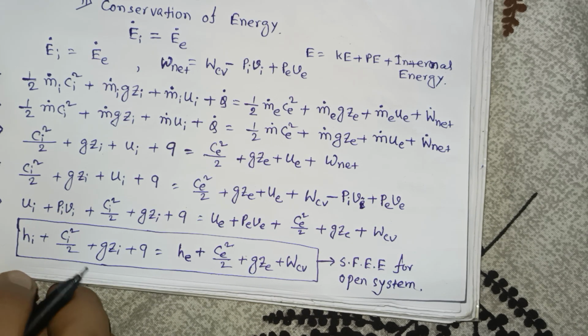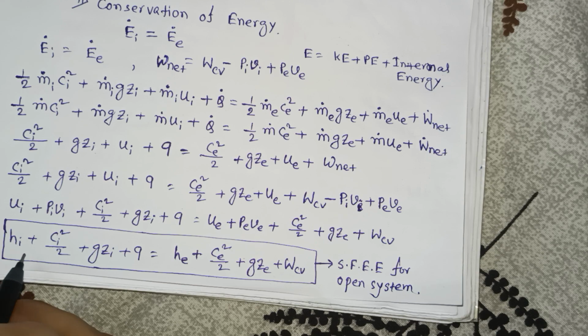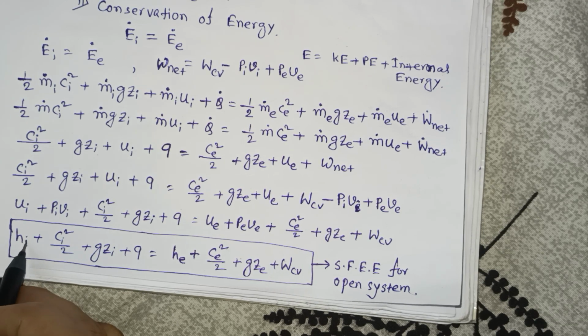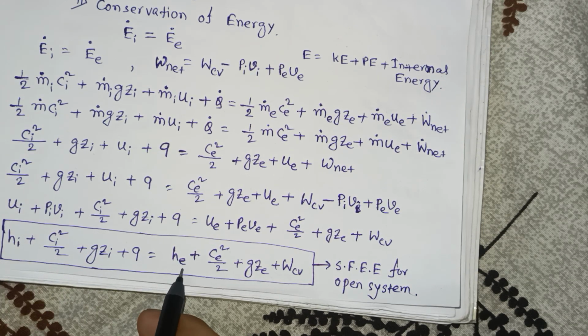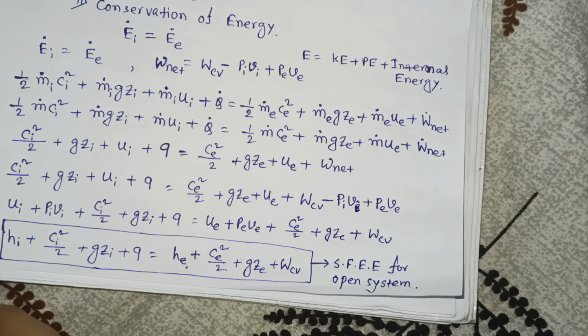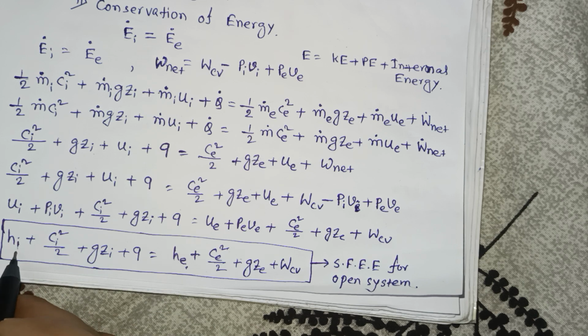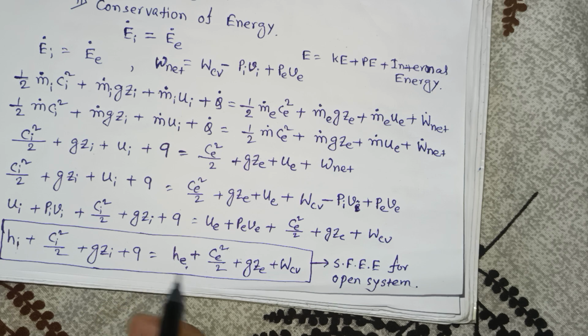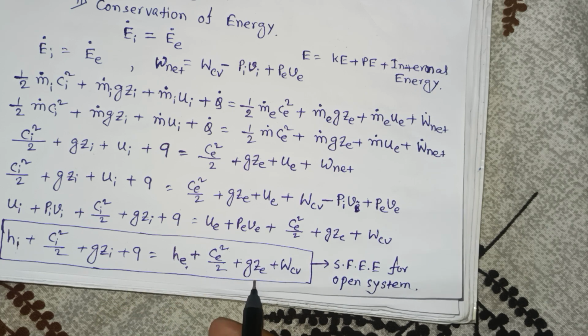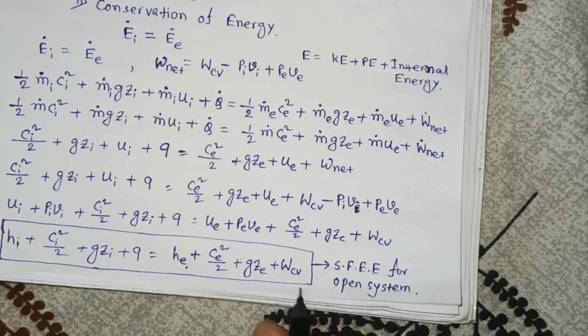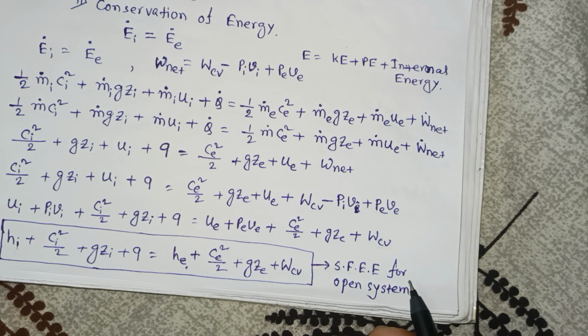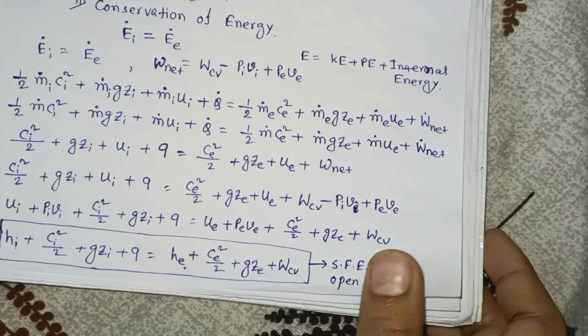Here I is the inlet and E is the exit. Suppose for any process there is an inlet 1 and outlet 2, then this equation will be H1 plus C1 square by 2 plus g Z1 plus Q is equal to H2 plus C2 square by 2 plus g Z2 plus W of control volume. So this is the steady flow energy equation of open system. Okay, thank you.